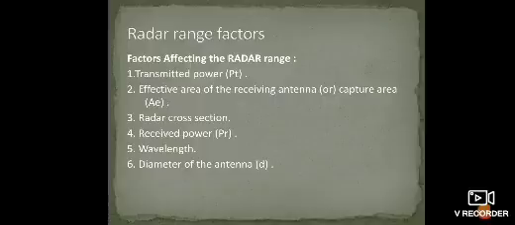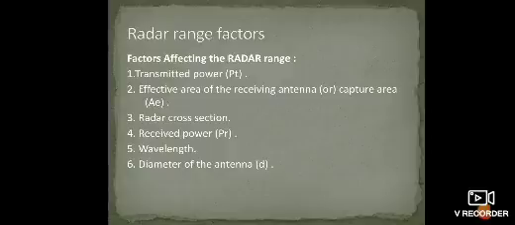We have a number of factors that affect our radar. The radar performance depends upon the transmitter power, that is PT, and the effective area of the receiving antenna, also called the capture area, that is the effective aperture area, which is given as capital AE. The third one is the cross sectional area, that is, the radar cross sectional area.